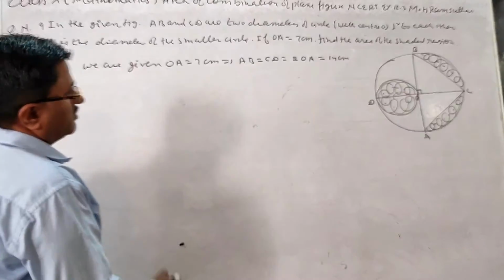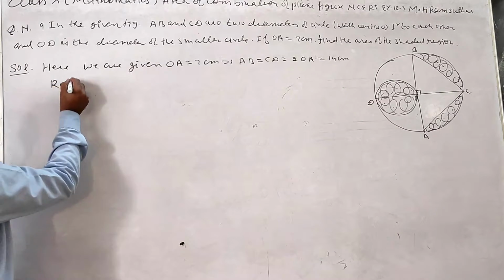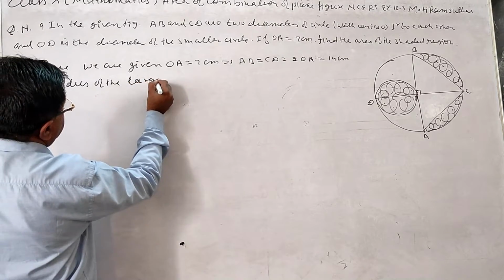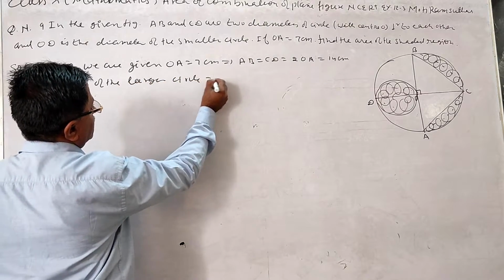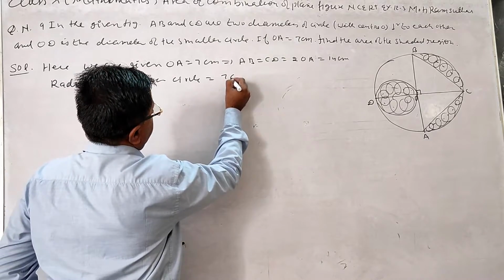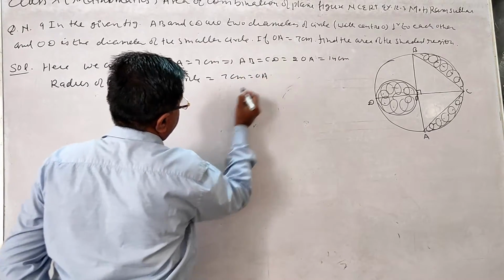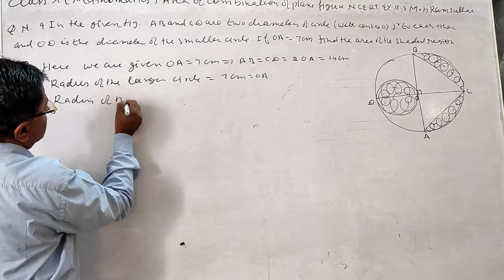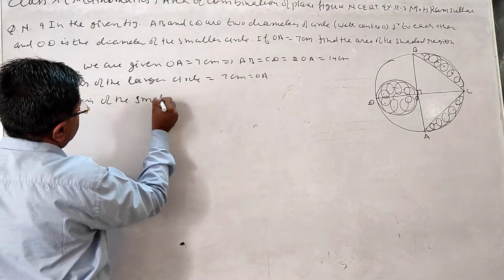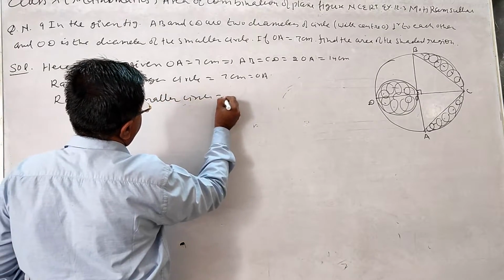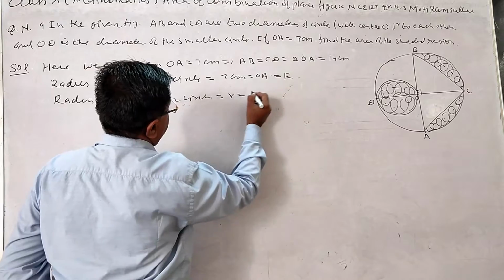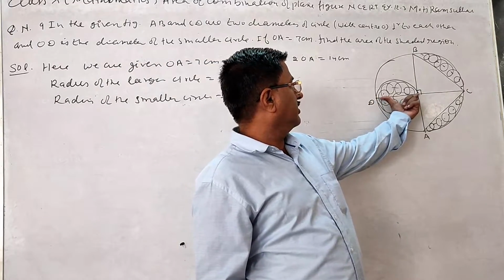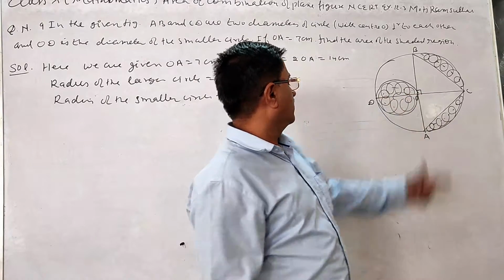So we can say the radius of the larger circle is equal to 7 centimeter, which is already given as OA, and the radius of the smaller circle, we are taking as capital R. The radius of this circle we find, because this is the radius of the bigger, which is the diameter of the smaller.